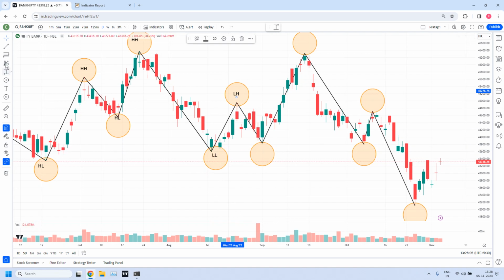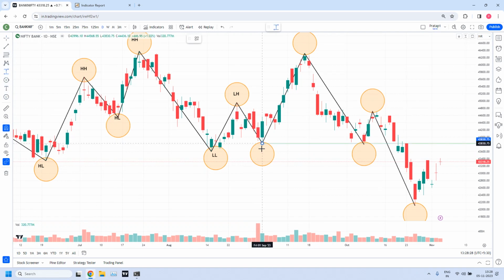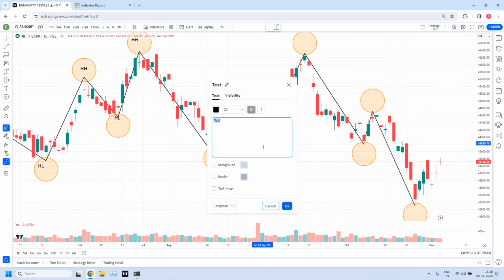If you add buffer, maybe it can be something like this. By adding buffer, it is not equal low. This is higher low. Okay, this is HL, higher low.